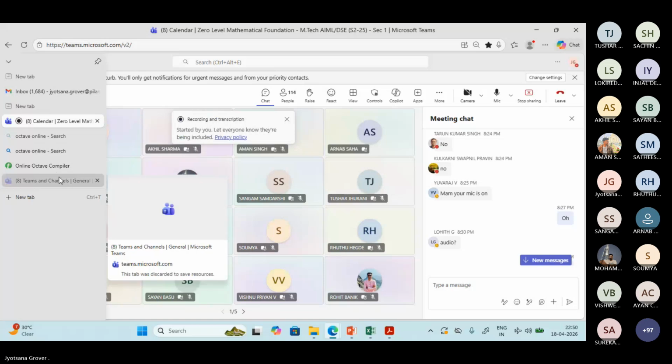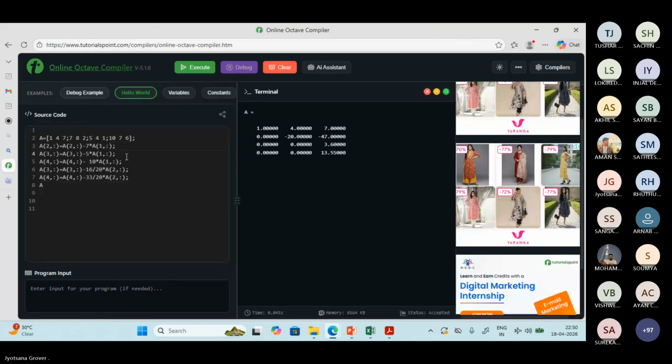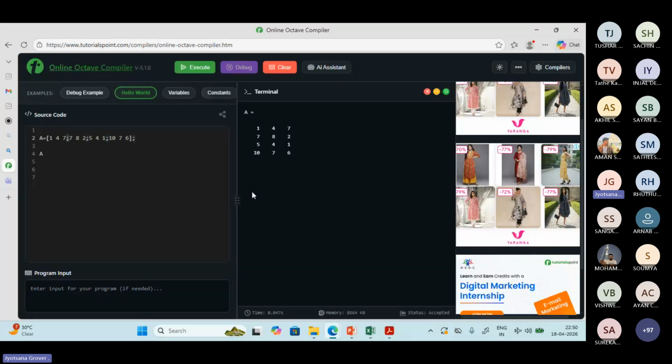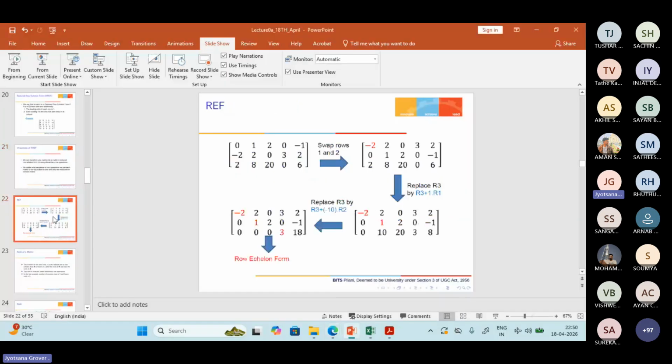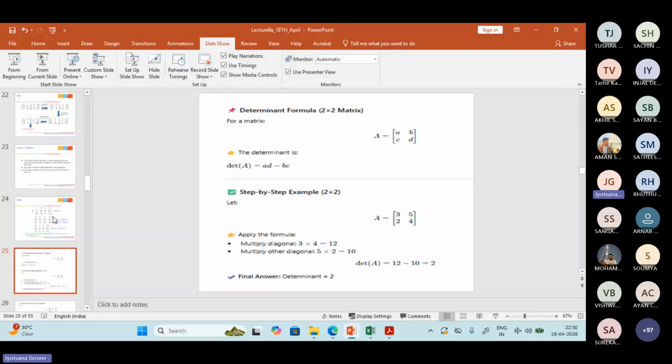Ma'am, some people are asking me that they are not understanding something. From where did you not understand? This semicolon, it means it is in another row. Okay, we'll solve by hand. Don't need to bother about this.